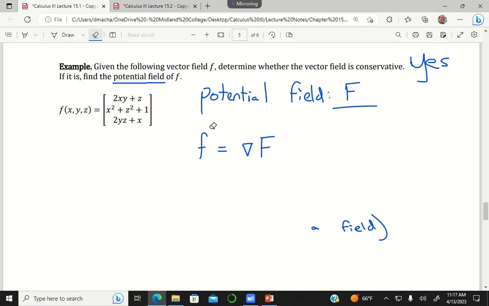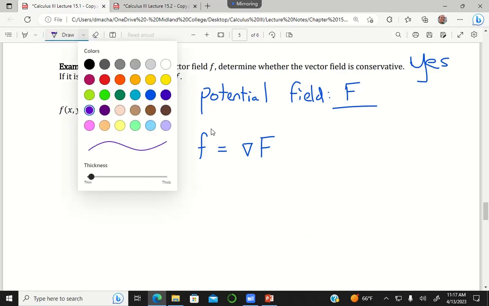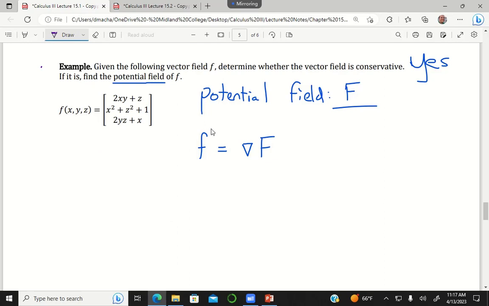Okay, so if you wanted to find this, though, if you actually wanted to find what that potential field is, then yeah, we're going to integrate. So that means that 2xy plus z is the partial with respect to x of the potential field, right? So that's what it would mean to take the gradient.